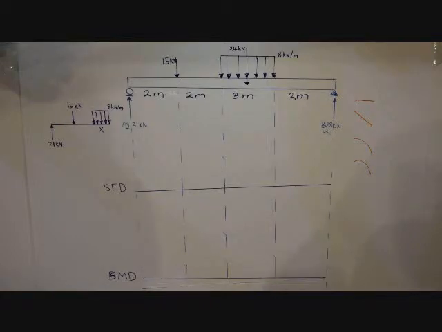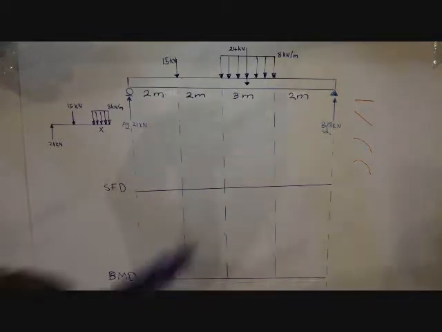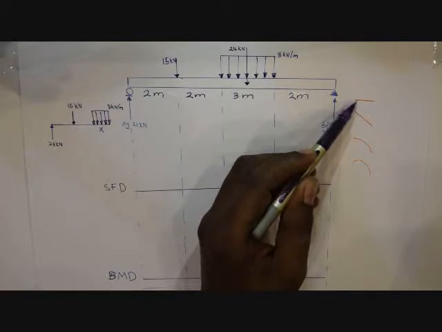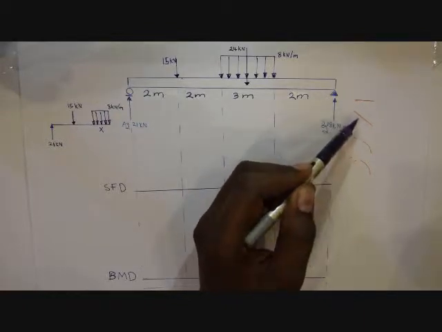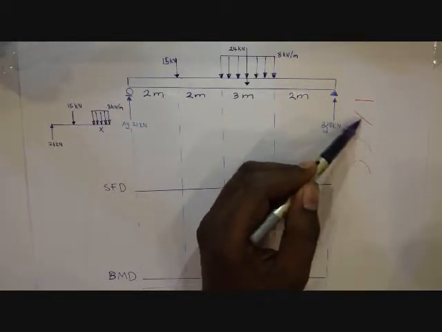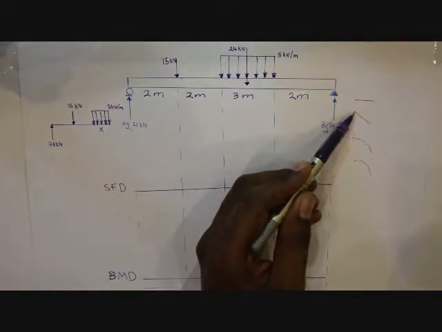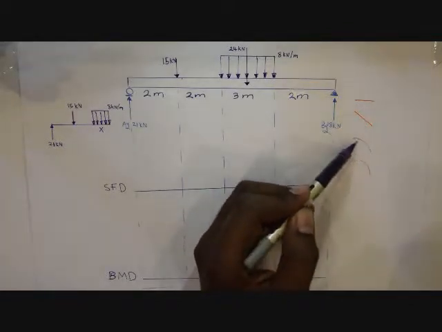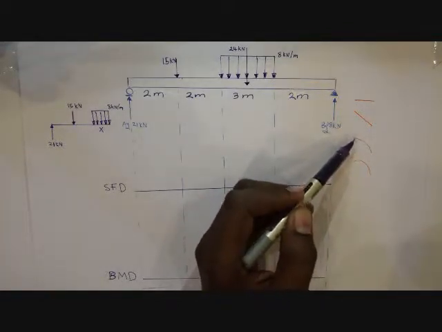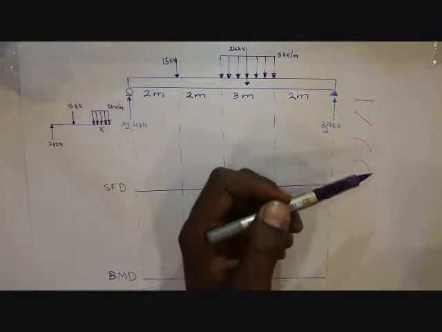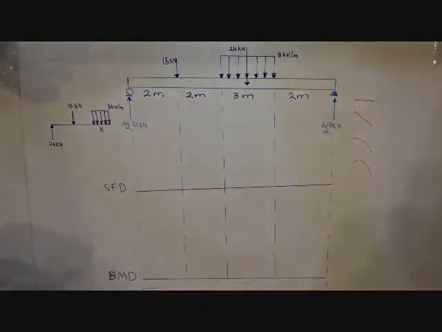Before we start, I want you to know the integration of this line is just the slope, something like this, and the integration of this is a curve, and the integration of the curve is more curved. Anyway, let's get started.